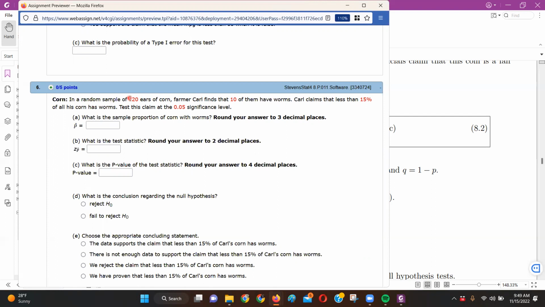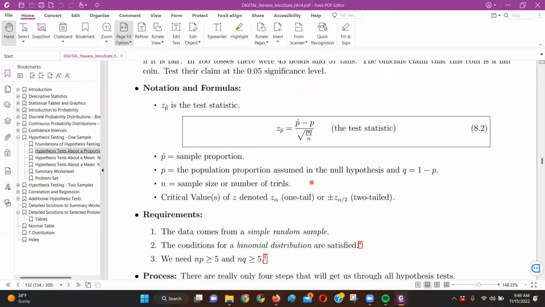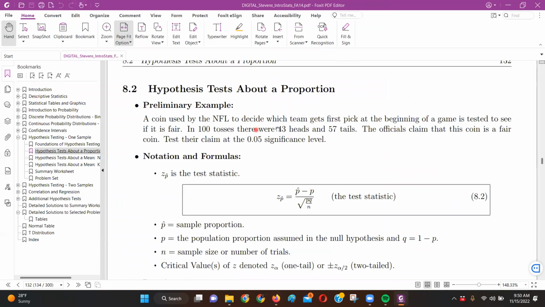Arguably, you could say maybe the test of independence, because if a field's got earworms in it, a lot of them have earworms in it. So that's a stretch, but that's the testing I'm going to do. So I know it's a one proportion z test, or a test about a proportion.